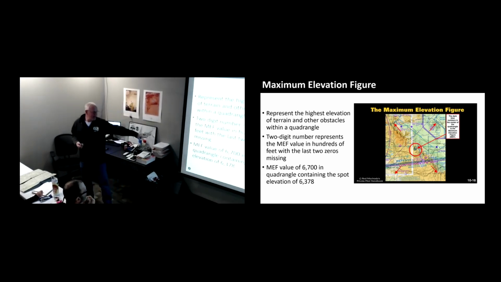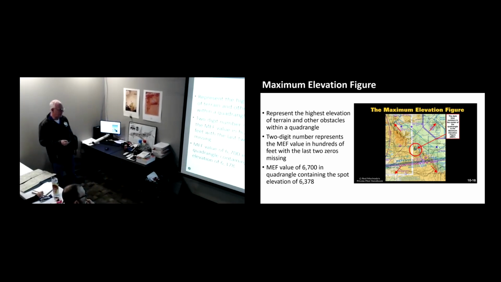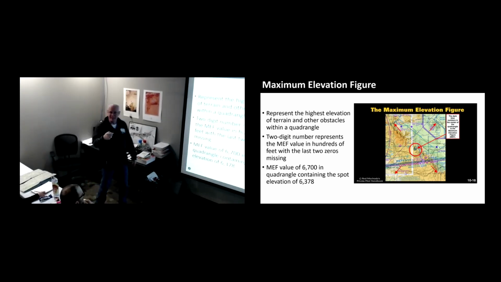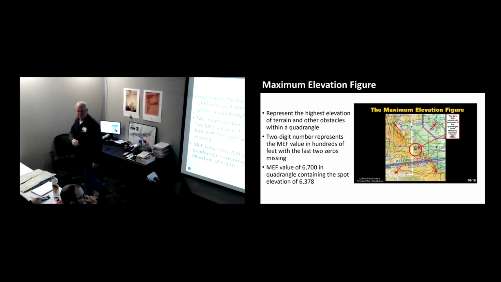It contains the spot elevation, the critical elevation of 6,378. So you know that MEF is always going to be at a higher elevation than that critical or spot elevation. That's why in my mind, the most important of those three different elevations or marks is that MEF.